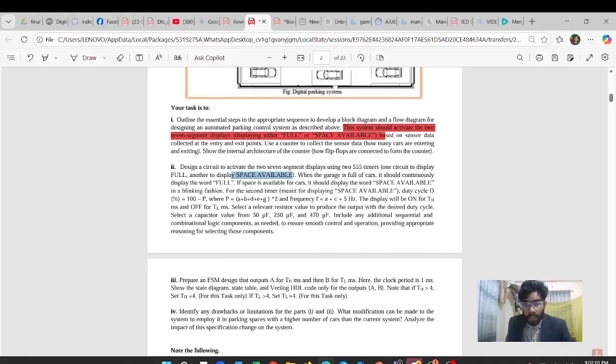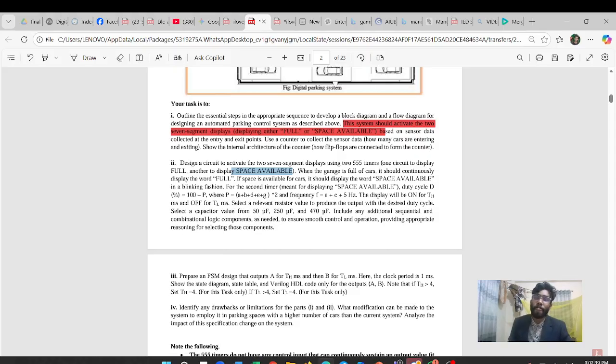If the garage is full, then the 7-segment display shows "full"; if it is not full, then the 7-segment display shows "space available", based on sensor data collected at the entry and exit points. Then use a counter to collect the sensor data. Then show the internal architecture of the counter, and how flip-flops are connected to form the counter.